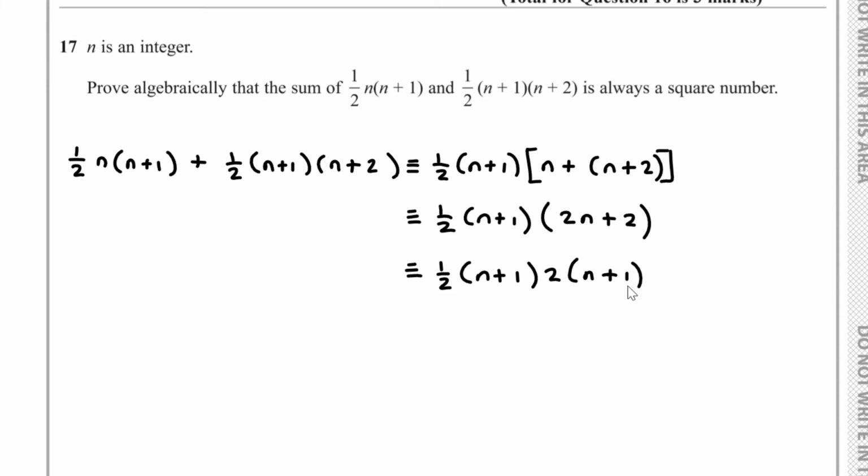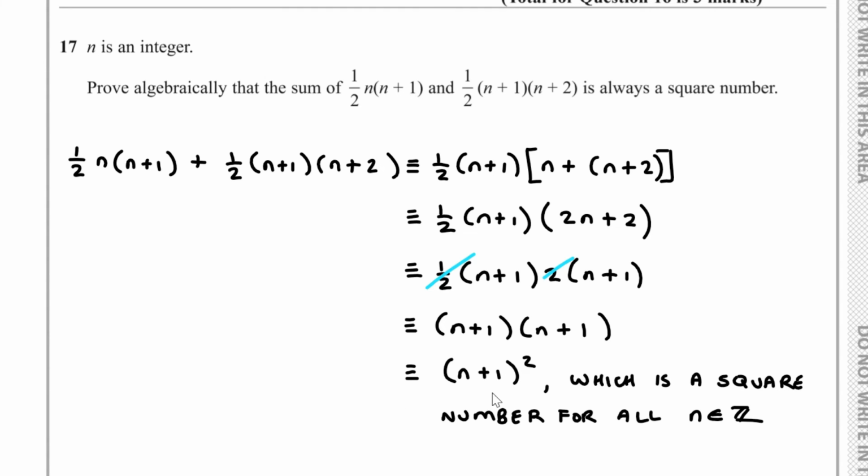And of course 2 lots of n plus 1 gives 2n plus 2. And then here you should spot 1/2 and the 2 cancel. So we're left with n plus 1 lots of n plus 1, which is the same as n plus 1 all squared. So n plus 1 all squared is a square number for all integers n.